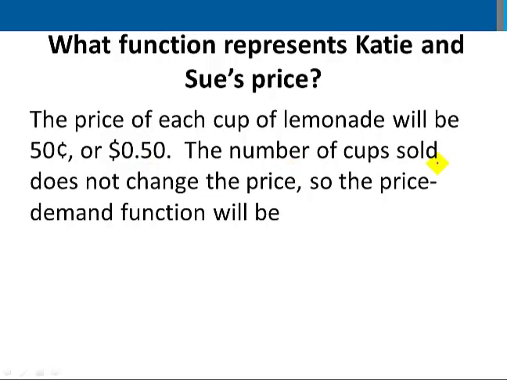The number of cups sold does not change the price, so the price demand function will be p of x equals 0.5. Notice that there are no x's in this function. In some price demand functions, the price will change according to the number of items sold, so you might have, for example, p of x equals 0.5x, but not in this case.